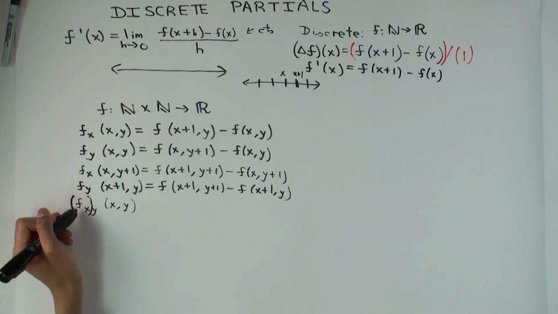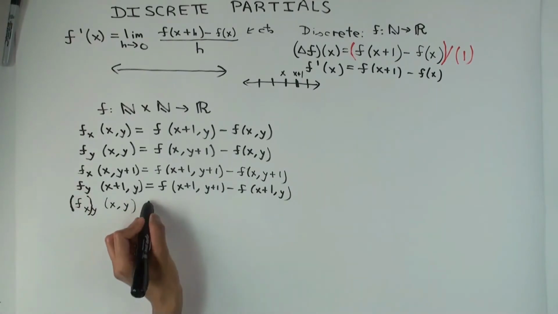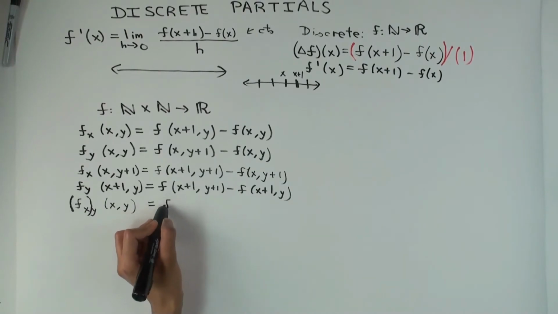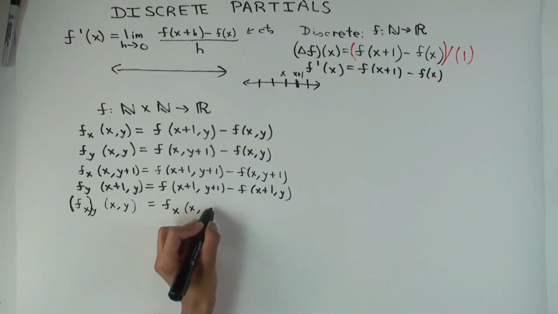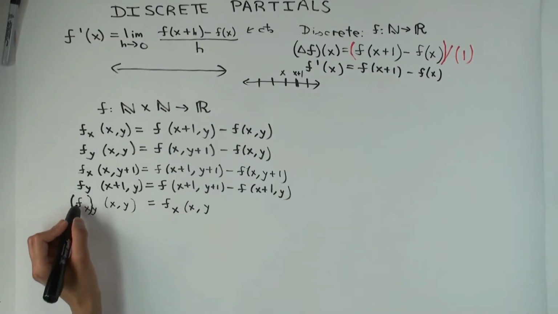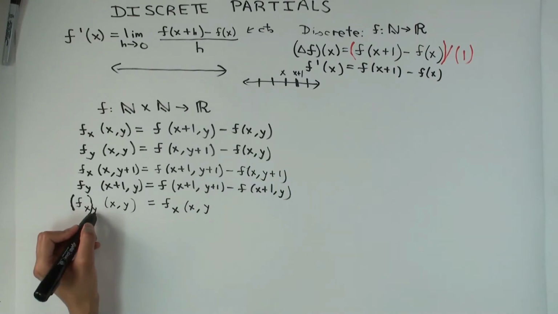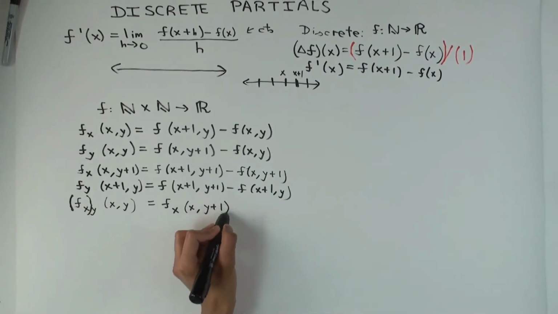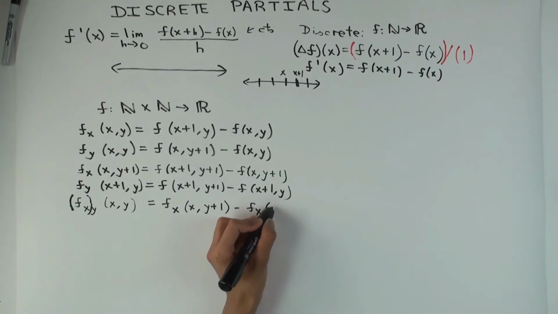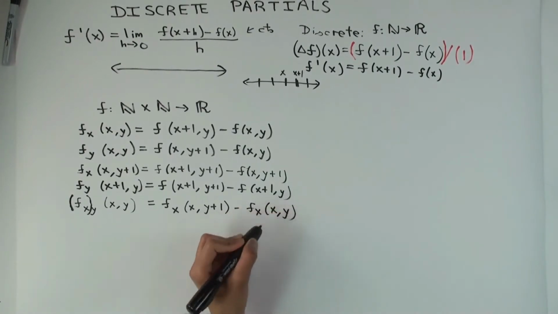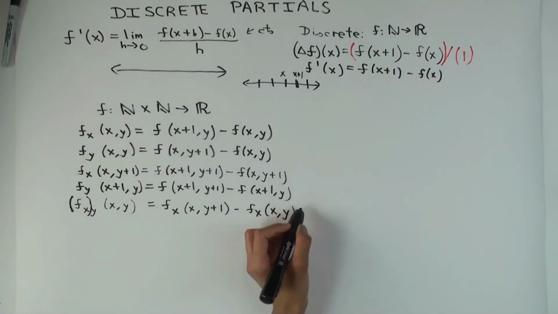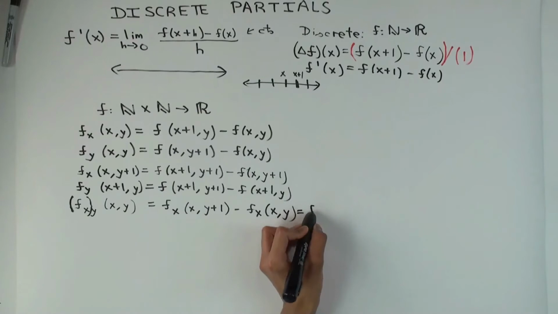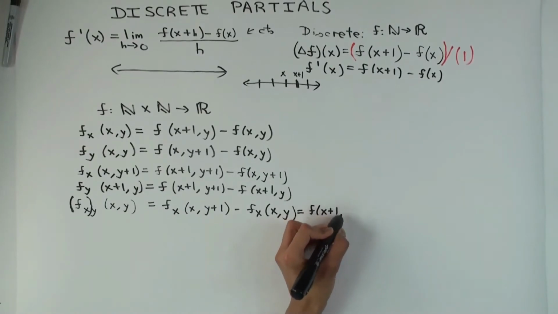If I think of f sub x as my new function, then the y derivative of that is f sub x of x comma y plus 1 minus f sub x of x comma y. Now I have both these expressions here, so I can get them here. It's f of x plus 1, y plus 1.